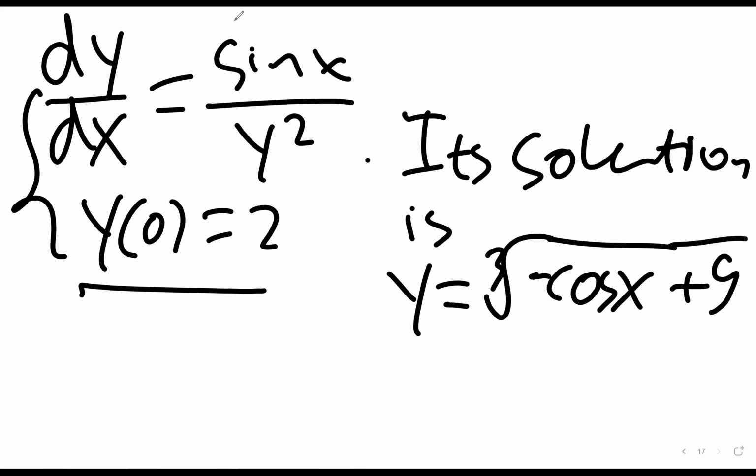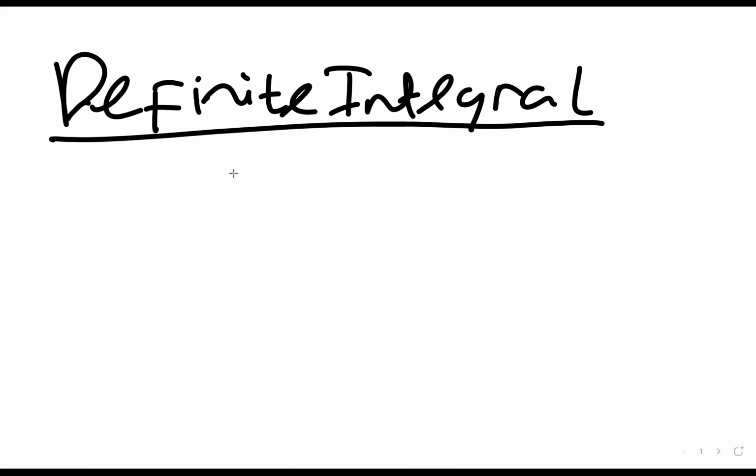Then we'll see the properties of the integral, and later we will consider the relation between antiderivative and definite integral by the fundamental theorem of calculus. So I will stop here, and we'll have a short break.